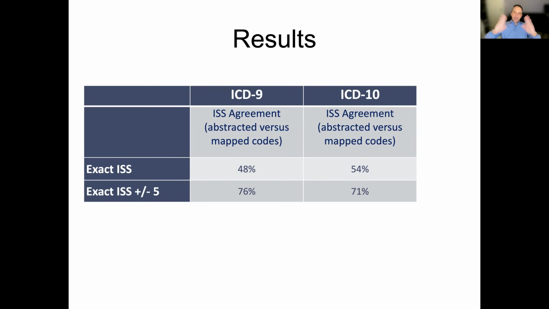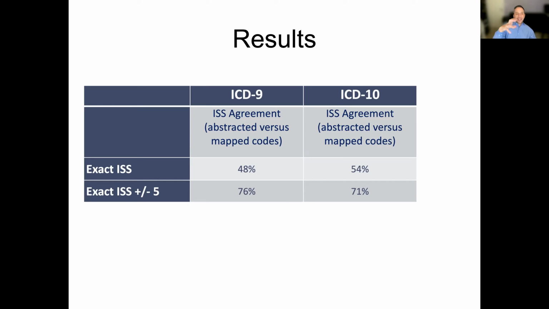But then if you have a little bit of range in there and say exact ISS plus or minus 5, just as an example, let's say the gold standard abstracted ISS was 16 for a certain patient, but then the mapped ISS was somewhere between 11 and 21, then you would capture 76% of those patients having an agreement within that range for ICD-9 and 71% for ICD-10.